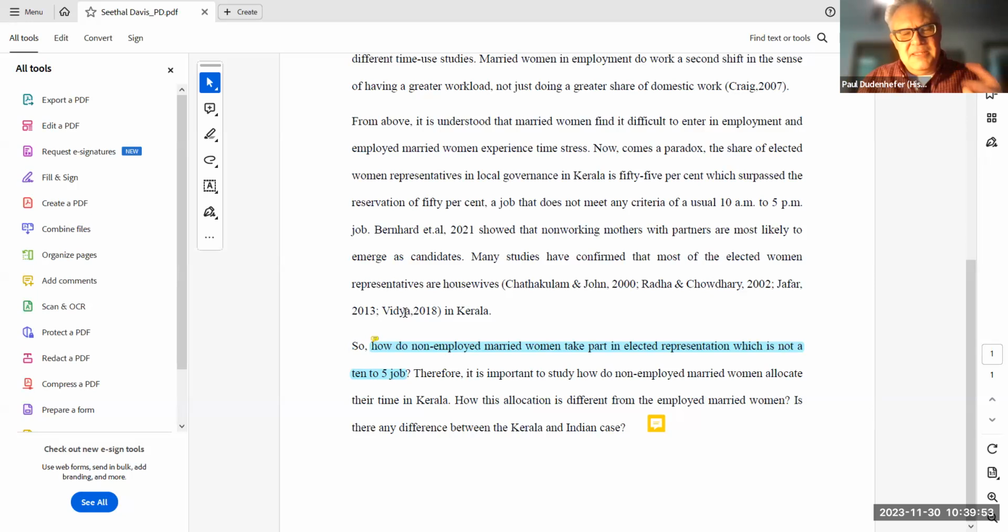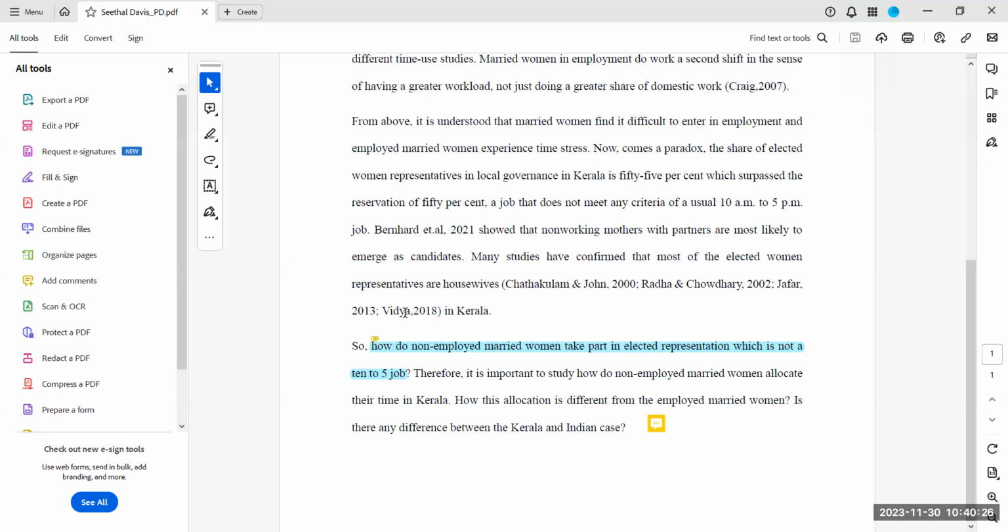I guess to me the answer would be, well, they're not employed, therefore they have time. That seems like an obvious answer. Why do you think that's actually not the answer? What else do you think is going on here? Maybe they might be taking on simultaneous activities.